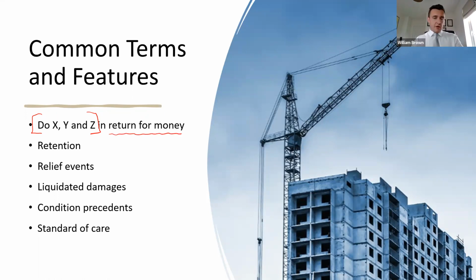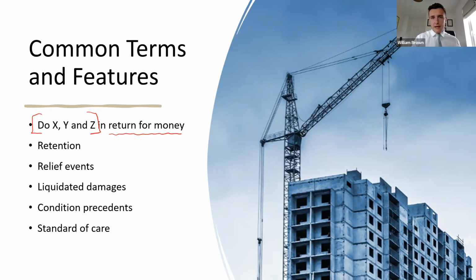Now that has got a couple of different things that we can say about it. There's the upfront money that you will be paid for doing the work itself, but there's also the money that goes along with risk. Under a construction contract, risks will be allocated to one or both of the parties. It may be shared, but typically speaking, it will be one or the other.